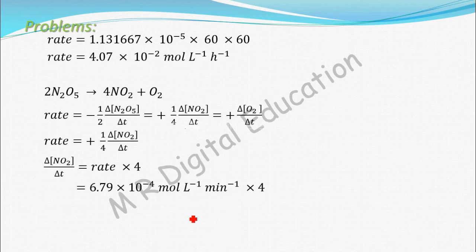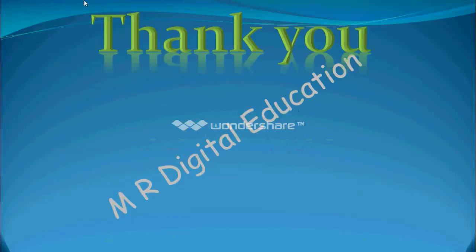When you simplify this, you will get the rate of production as 2.72 into 10 to the power minus 3 mole per liter per minute. That's it, the problem. Thank you.